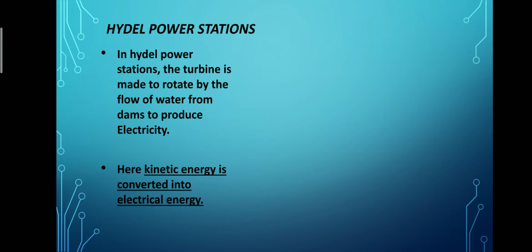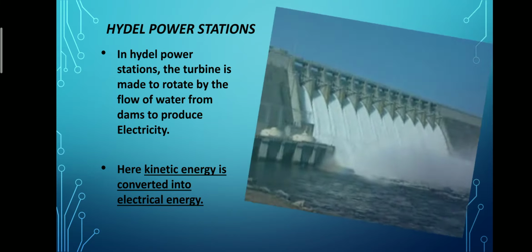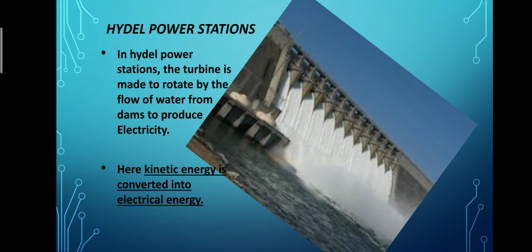That water has kinetic energy, and it makes the turbine rotate so that it produces electricity. So in a tidal power station, kinetic energy is converted into electrical energy.